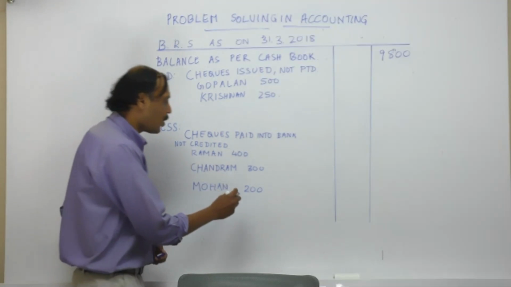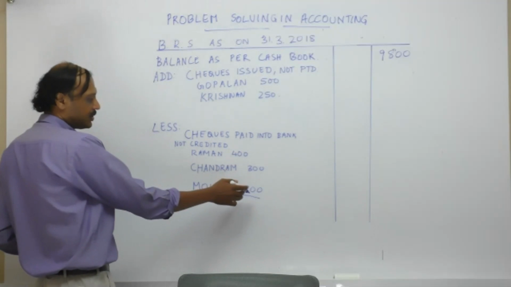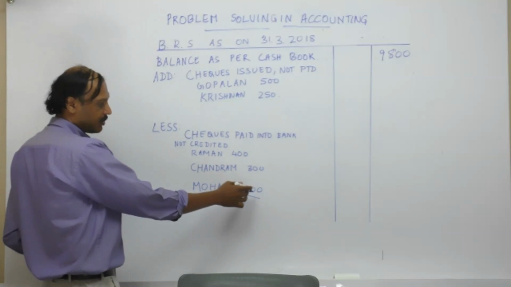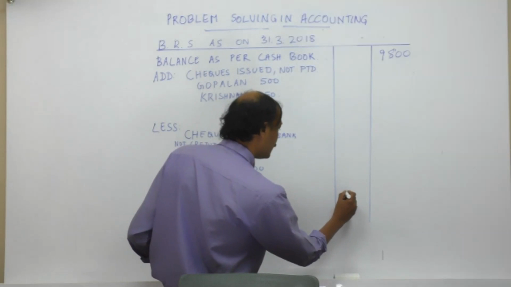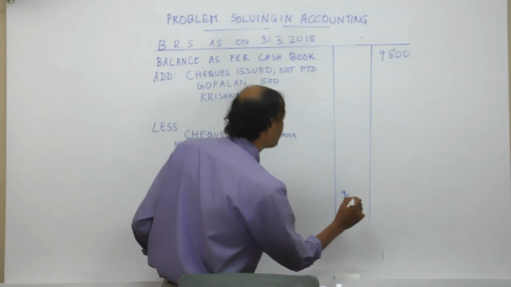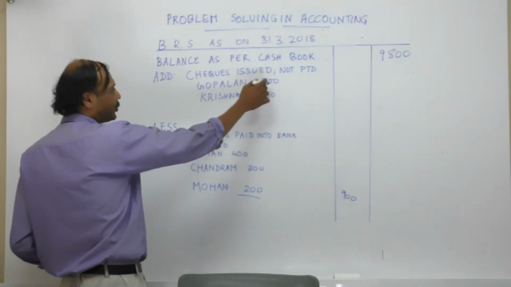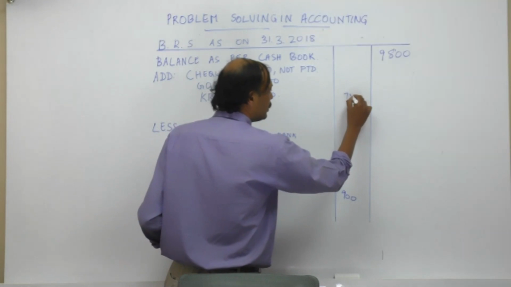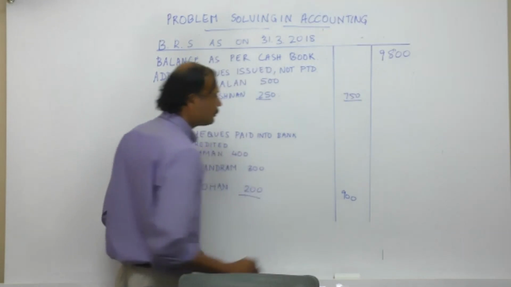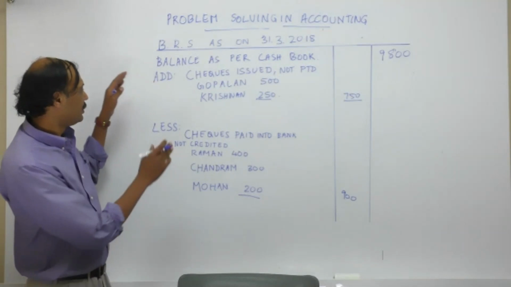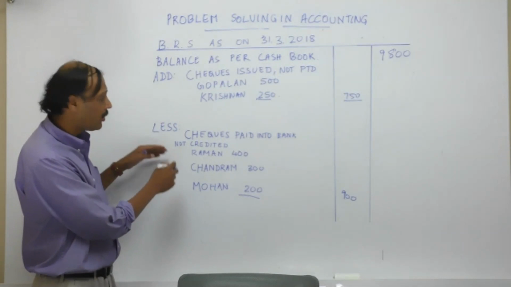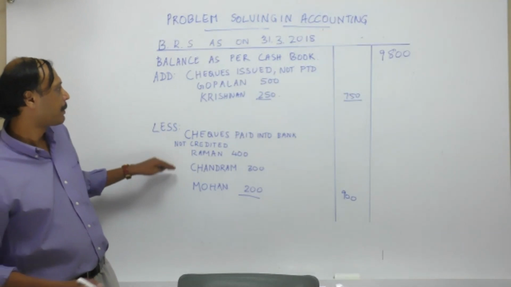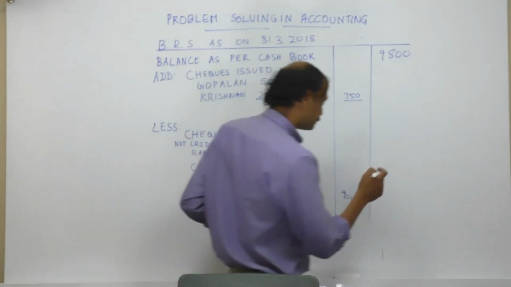So the total amount that you need to subtract in this case would be 400 plus 300 plus 200, which would be 900. Here it is 500 plus 250, which is 750.